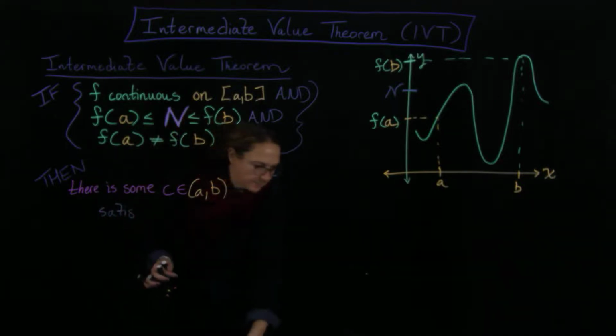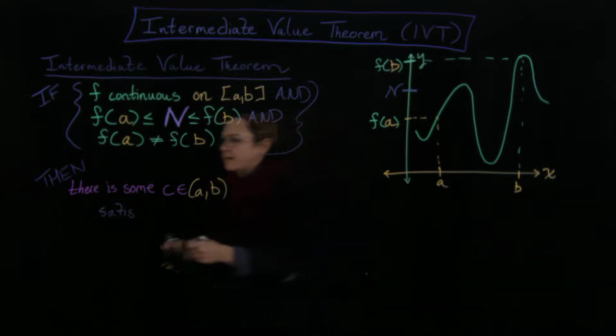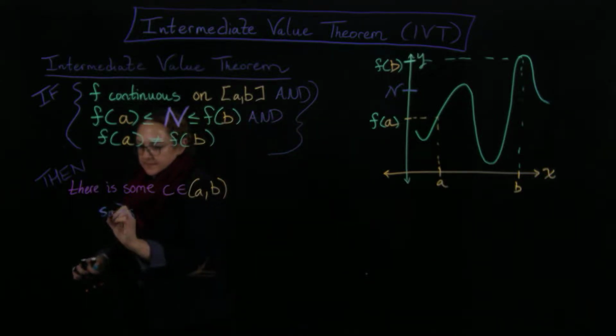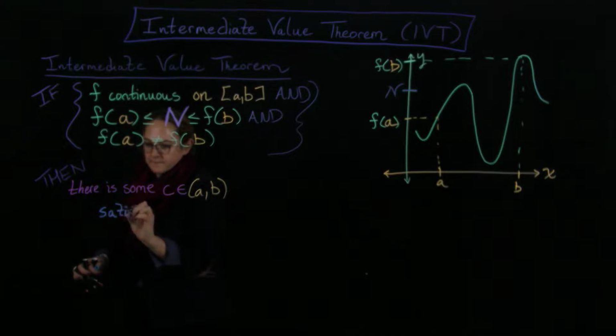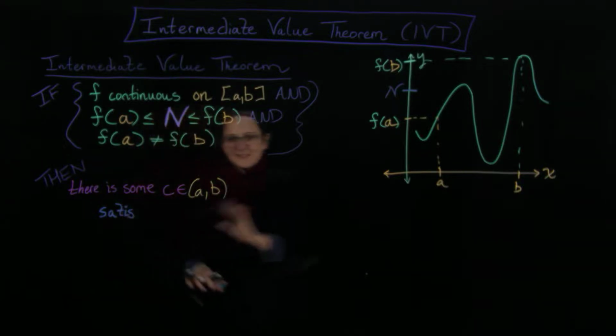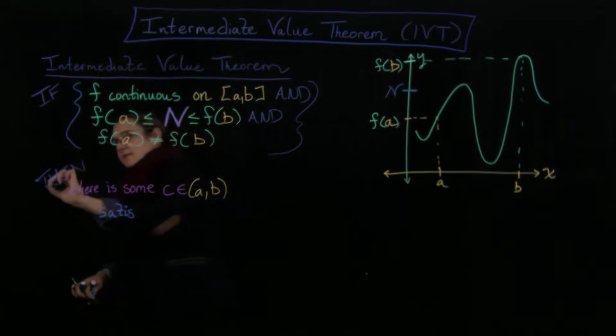I'm not happy with this blue. I feel like the blue is a little bit difficult to see. This one should be better. I bet you like that one better.